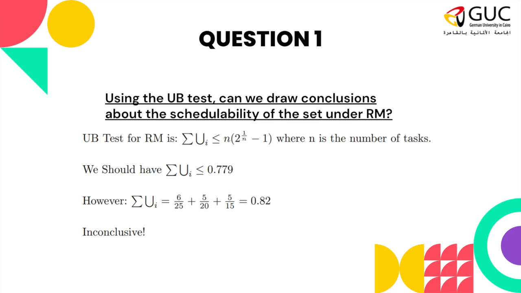Because this threshold, or the utilization bound, is used to determine the CPU resources that you need, the percentage that you want to use from the CPU. If I have a CPU, then I have 100% of resources, which is 1.